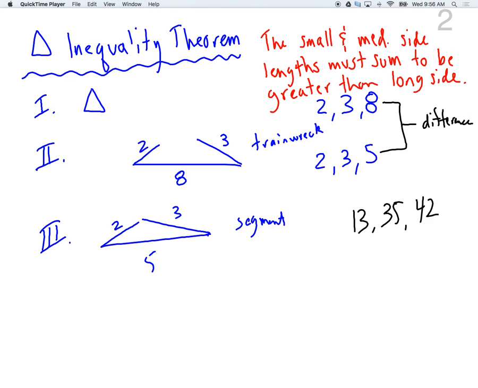Beautiful. If they don't, then we don't have a triangle. So you can't just throw any willy-nilly triangle together and expect to get a triangle. Okay, well done. All right, now you ready for some fun?